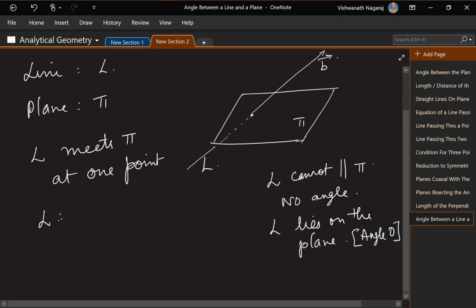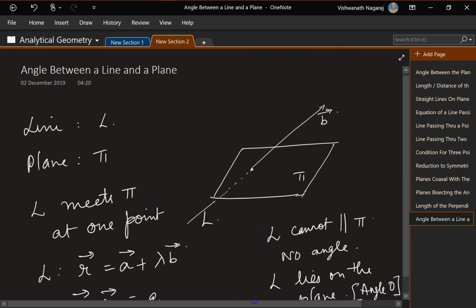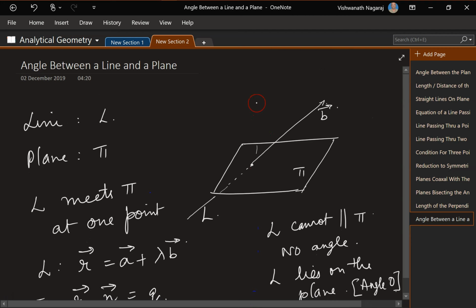Let's say the equation of the line is R is equal to A plus lambda B. The equation of pi is vector R dot normal equal to Q. So we require the normal. Let's say this is normal. And remember, normal means that it is going to be perpendicular.